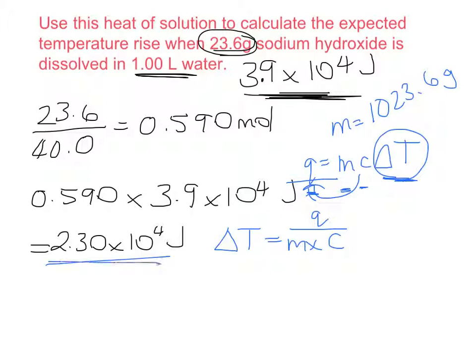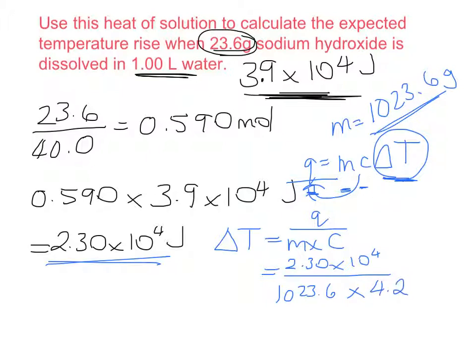Now this is our Q. So we will put 2.30 times 10 to the 4, and we're going to divide that by our mass, here's our mass, 1023.6, and then we're going to times that by our water constant. Remember from our previous question it was 4.2.